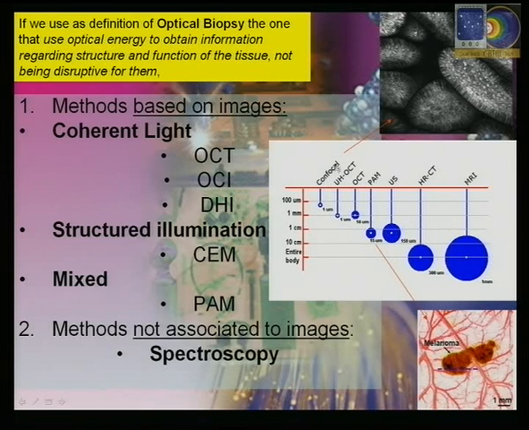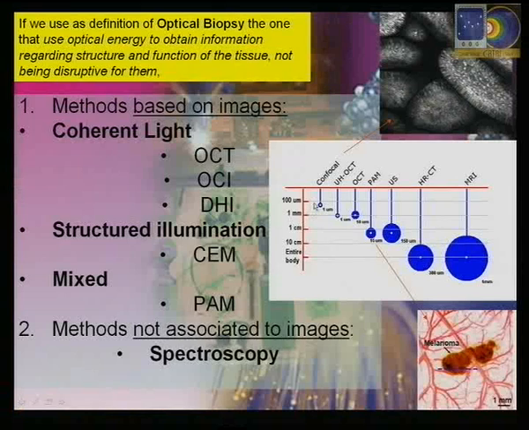Therefore, confocal microscopy has a very limited penetration, around 100 microns, but a very good lateral resolution, therefore it looks like a microscope. And this is what you see. This is the reason why the confocal microscope can only be applied on the surface, because the penetration is very limited.